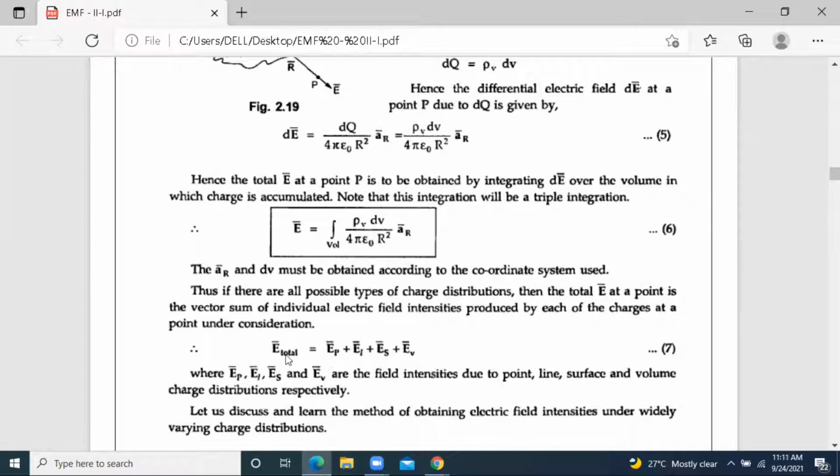The electric field intensity would be due to, if you have point charge, line charge, sheet charge, volume charge in a space, the electric field intensity at any point will be due to the contribution from all of them, in the same way as the electric field intensity of a number of point charges is the summation.